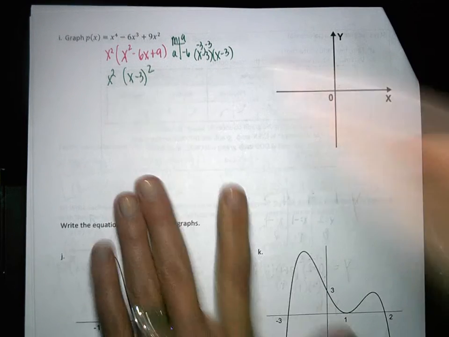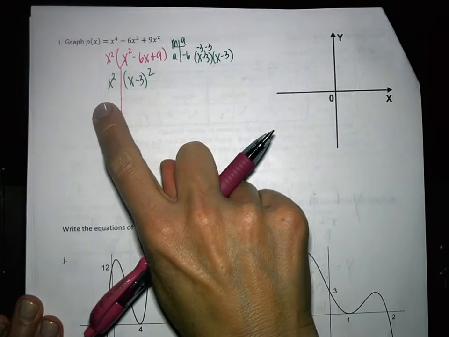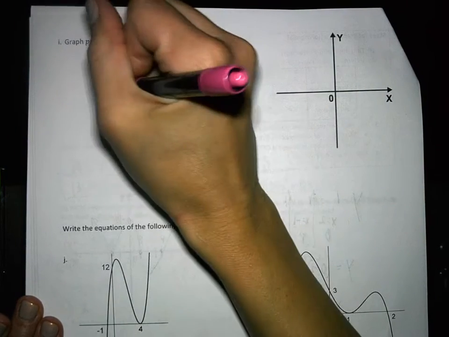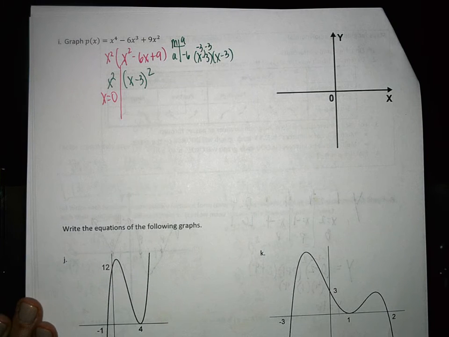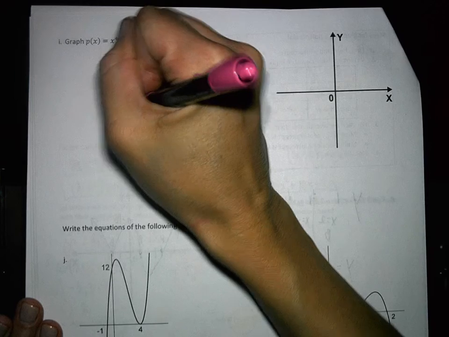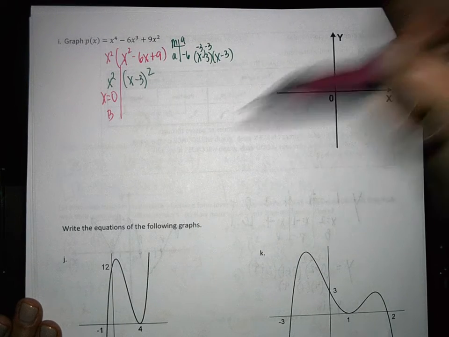Okay, so we set these equal to 0. What does this one equal? 0. X equals 0. Okay, is it a pass or a bounce? Bounce. Why is it a bounce? Because it's squared. Good, multiplicity of 2, or it's squared. Okay, this one is going to be x equals what? 9.